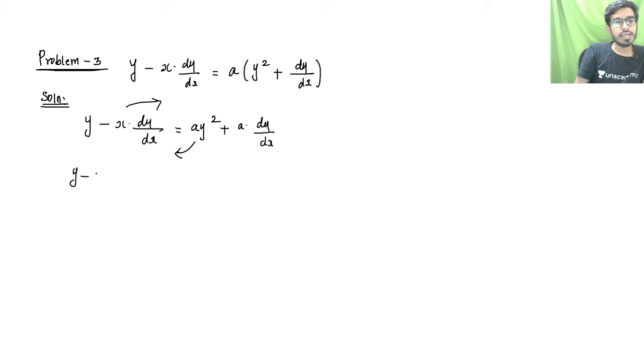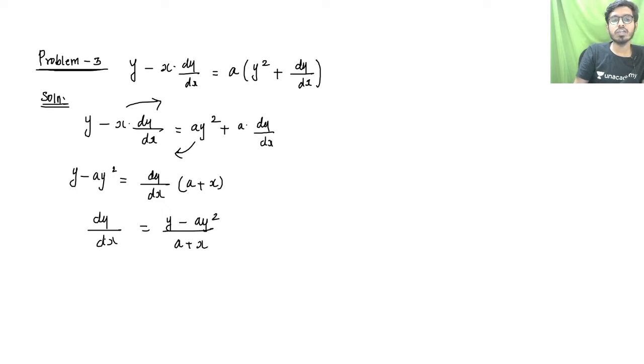So you will have y minus a y square is equal to dy by dx times a plus x. Now you bring a plus x to this side, so we will have dy by dx is equal to y minus a y square divided by a plus x. Now you can see dy by dx equal to f of x comma y. It is a first order first degree equation.